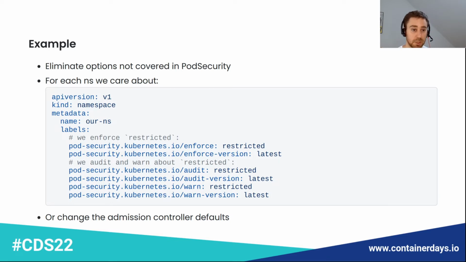Just set everything to restricted in enforce, and why not in audit and warn also restricted. We are following latest version, which is good, and that's it. Another option is to change the admission controller defaults. Instead of doing this by changing the pod security in the namespace, apply it to all the cluster, for example, and so on.